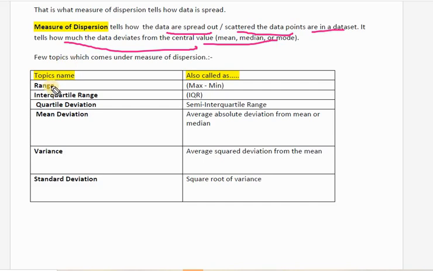For today, we will see about range, IQR, and quartile deviation.